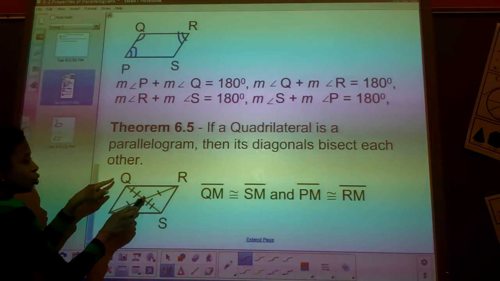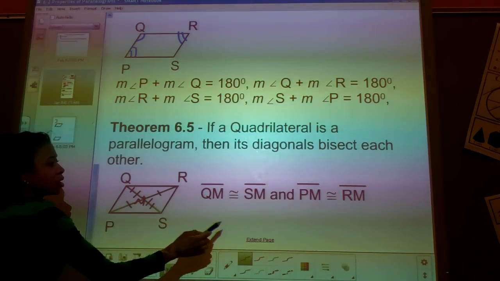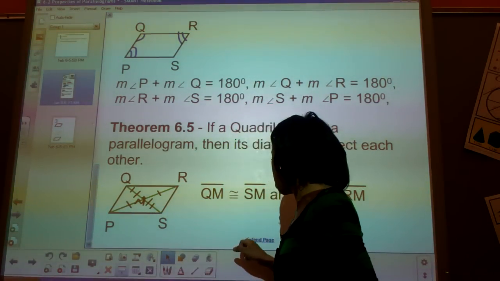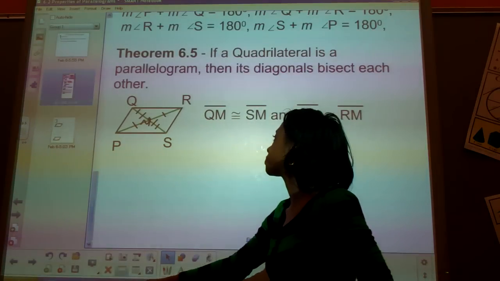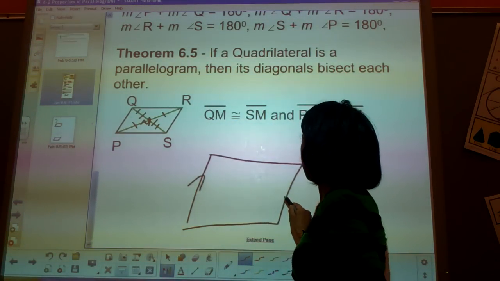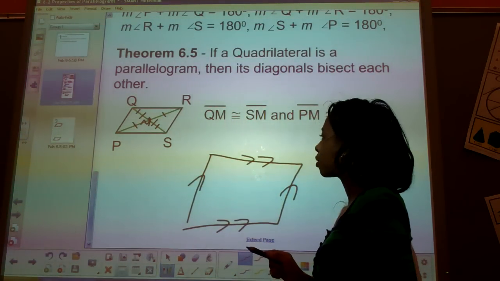Okay, so QM is congruent to SM, and PM is congruent to RM. Let me draw that one more time here. If I have a parallelogram, we'll say it is so because I know the two opposite sides are parallel.